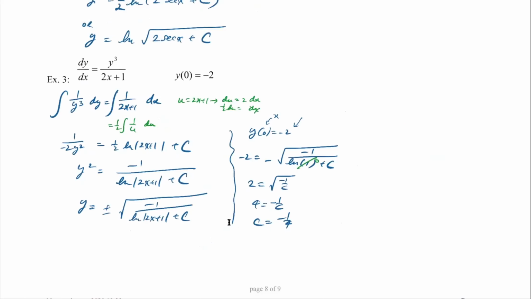Therefore, y is equal to plus or minus the square root of negative 1 over ln of 2x plus 1 minus 1/4. It actually might look better if you just put it to the power of half. Sounds good?